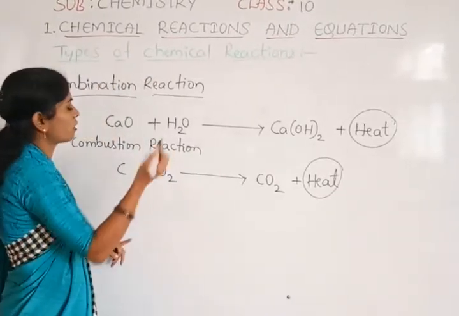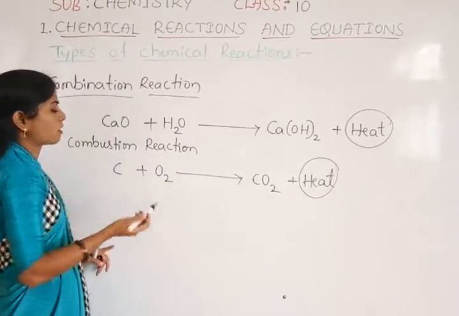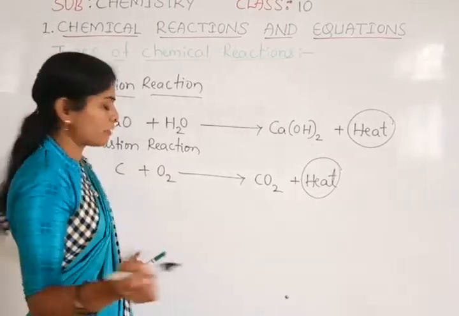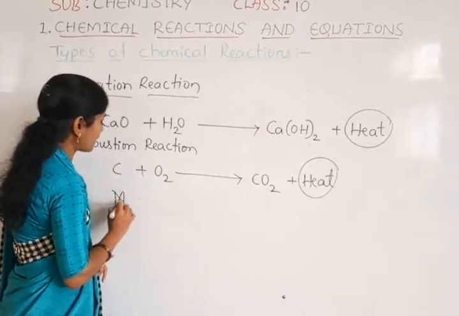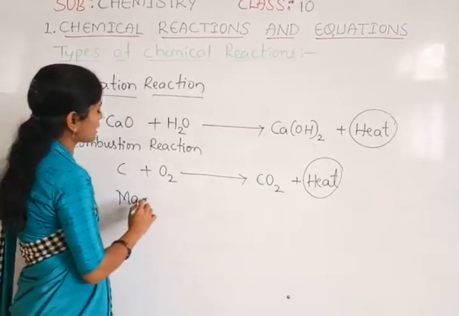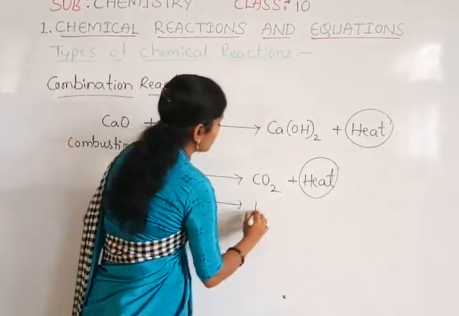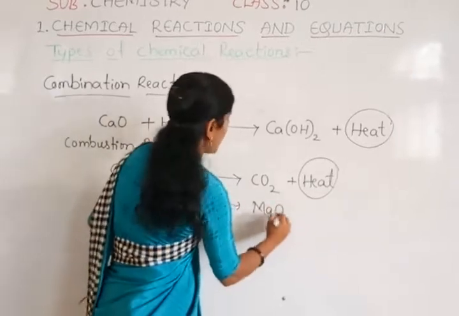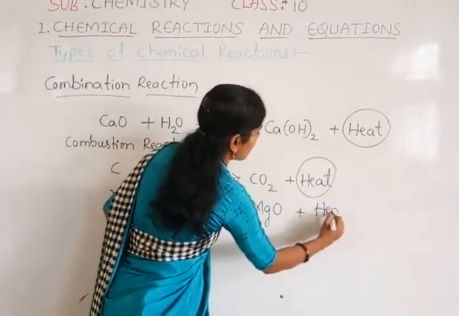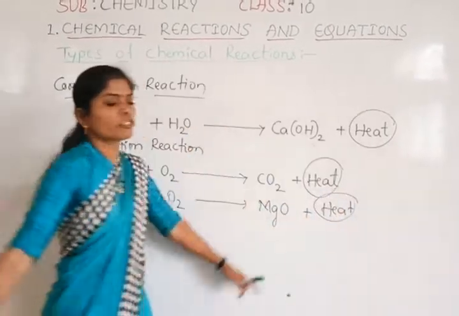Again, if we consider one more example, for the common example I have demonstrated in the first class itself, that is magnesium ribbon. When magnesium ribbon burns in air, that also forms magnesium oxide, plus heat energy will be evolved there. Yes, this is also common.